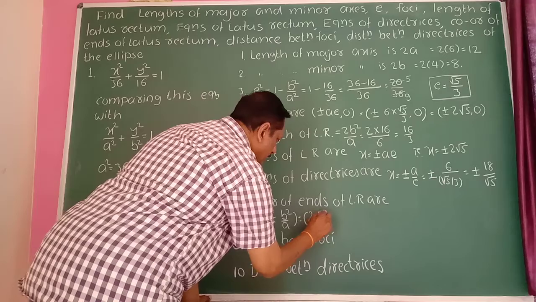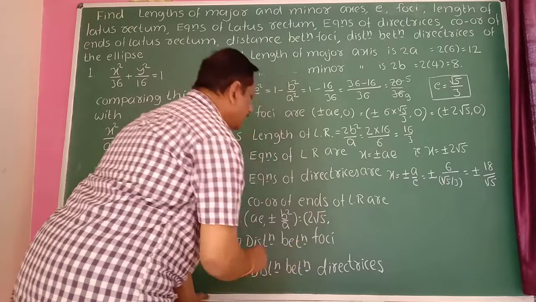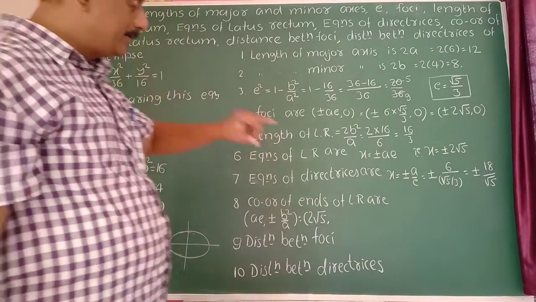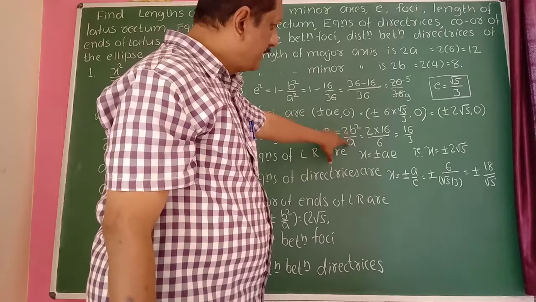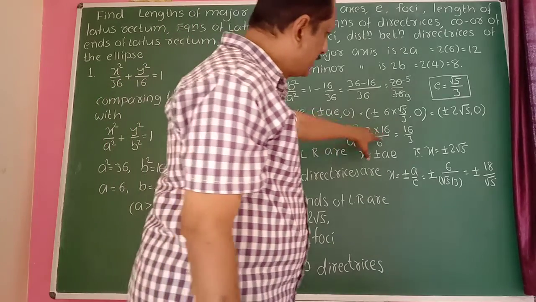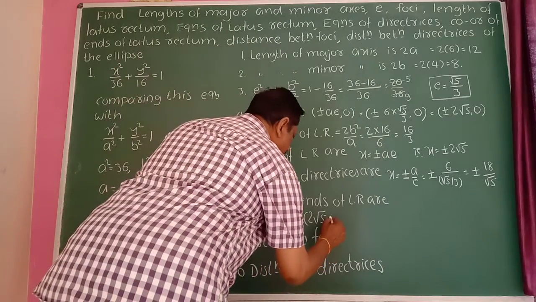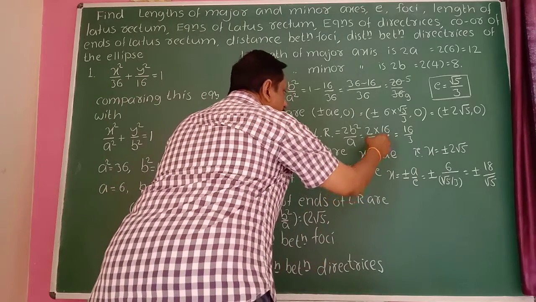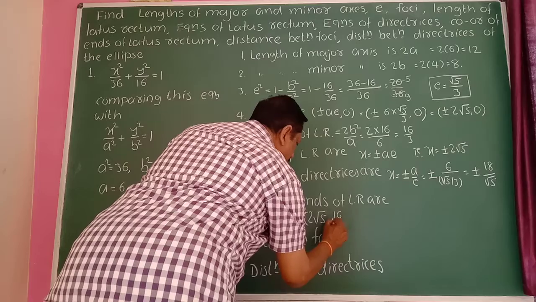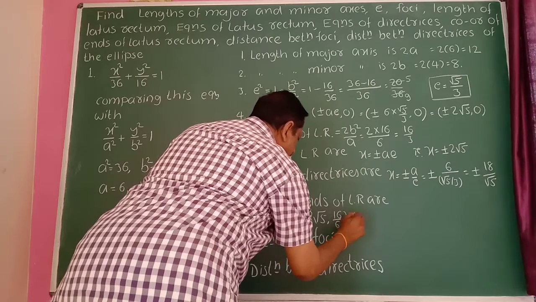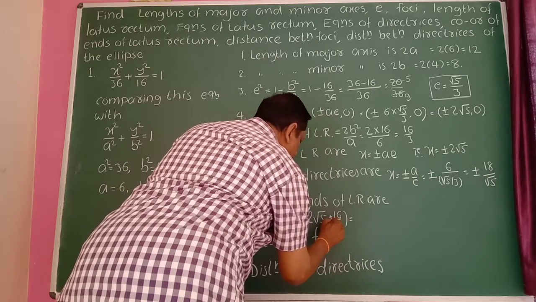Then b square by a is 16 upon 6, that is 8 upon 3.